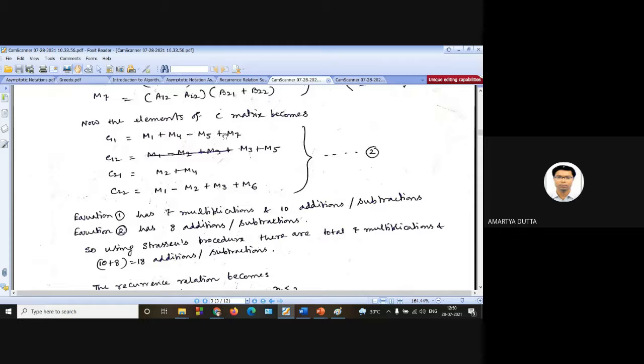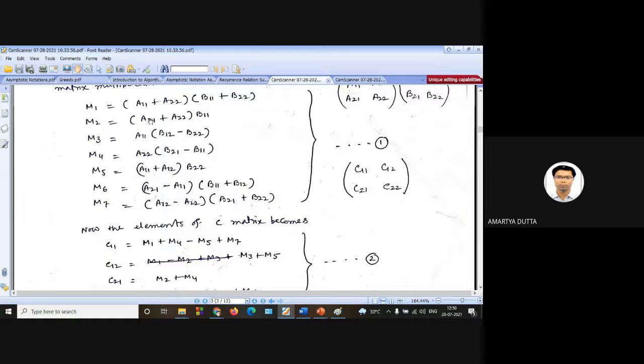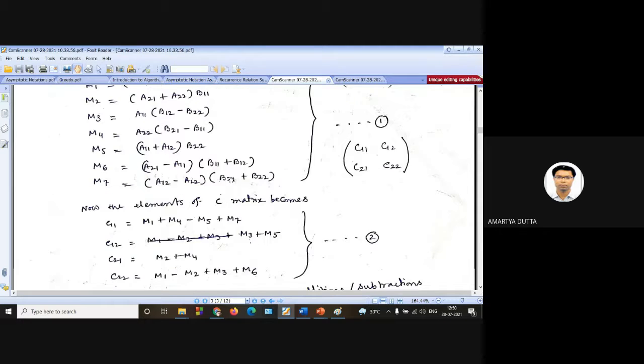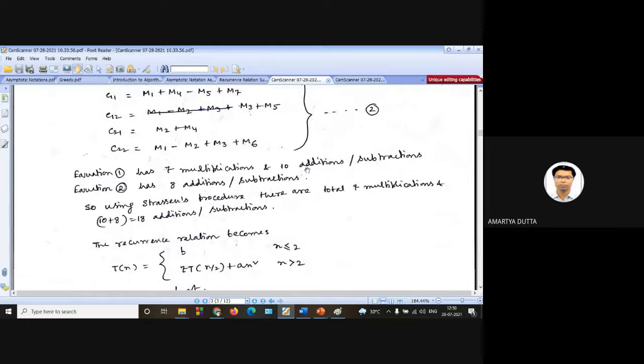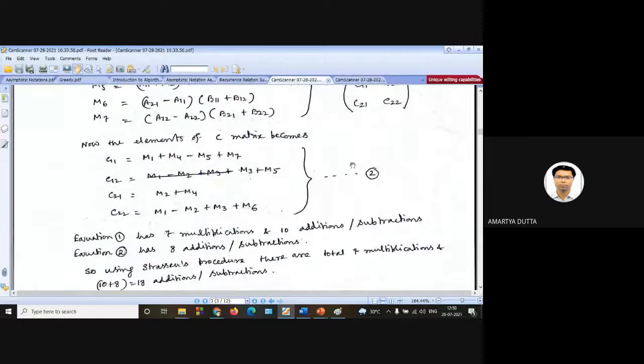1, 2, 3, 4, 5, 6, 7, 8. Total 8 addition subtractions in C11, C12, C21, C22, and here total 1, 2, 3, 4, 5, 6, 7, 8, 9, 10. Total 10 addition subtractions are there. Okay. So equation number 1 has total 7 multiplications, 10 addition subtractions.